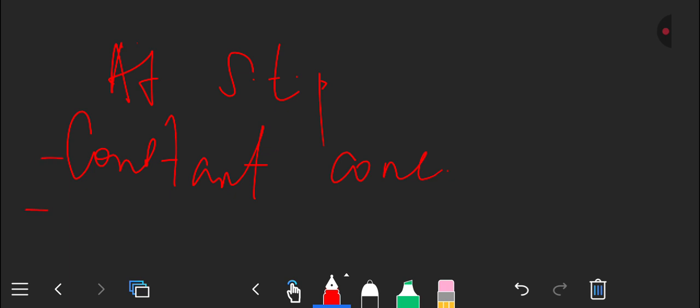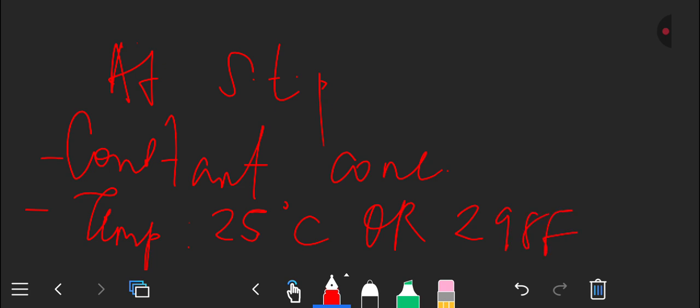The concentration must be constant, and the temperature is 25 degrees Celsius, which is the room temperature, or 298 Kelvin.